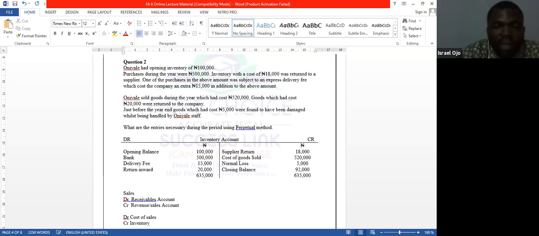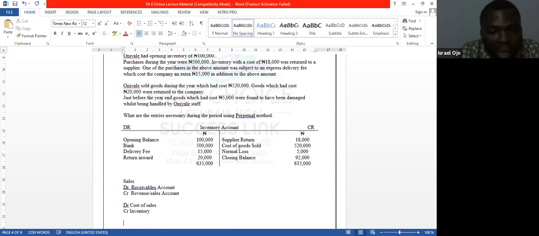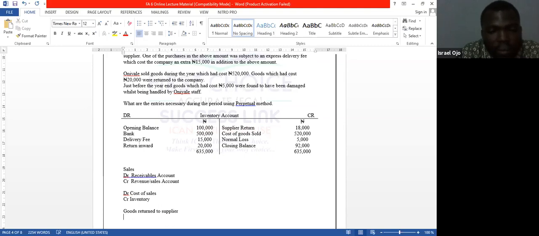Now, if you return goods to your vendor, so we have goods returned to supplier. When you have goods returned to supplier, you first of all debit your supplier account, so your payables account.